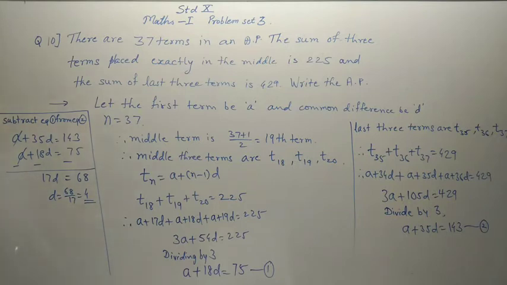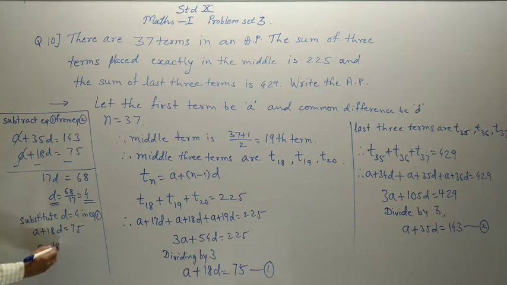Substitute D equal to 4 and find A. Substitute D equal to 4 in equation 1. What is equation 1? A plus 18D is 75.